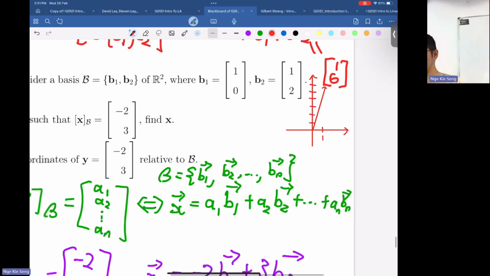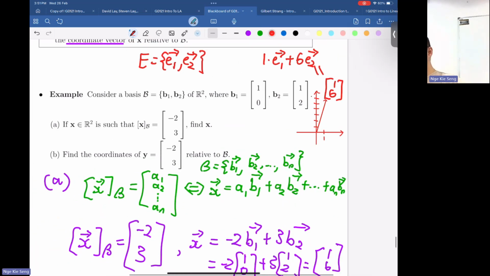But now you change the address. Why change the address? Because your basis changed. So what happened to your basis? Can you see what your new basis looks like? 1, 0 is still this vector here, but you are not looking at 0, 1 now. Instead, you are looking at 1, 2.